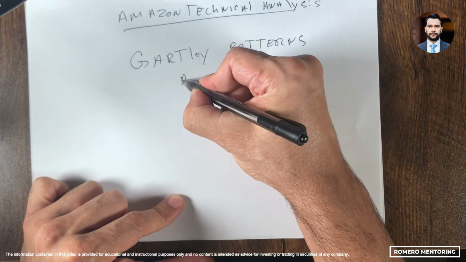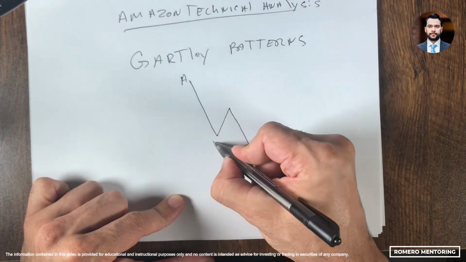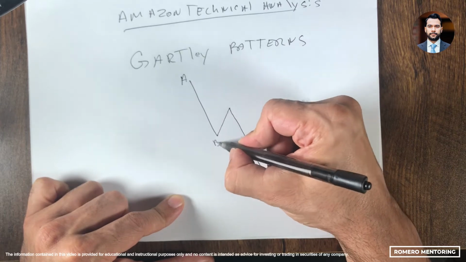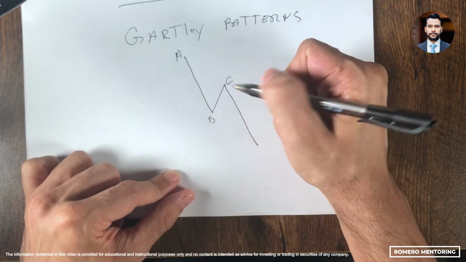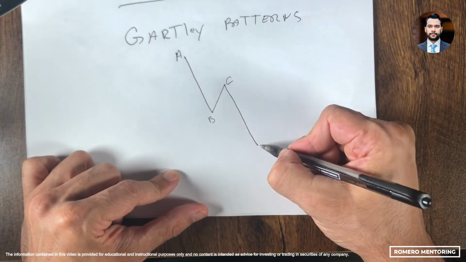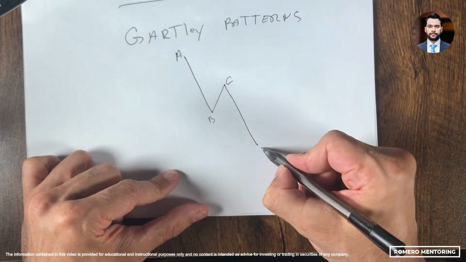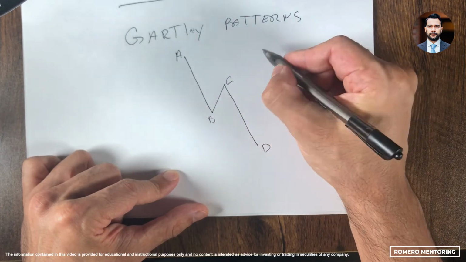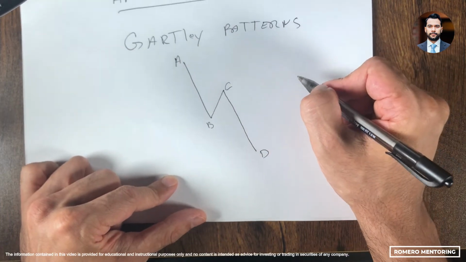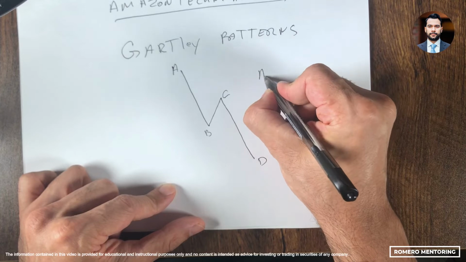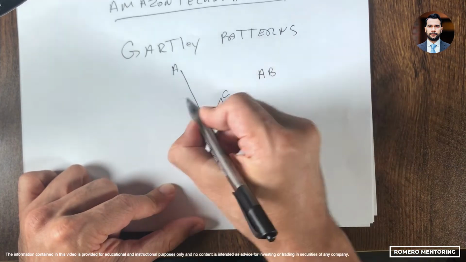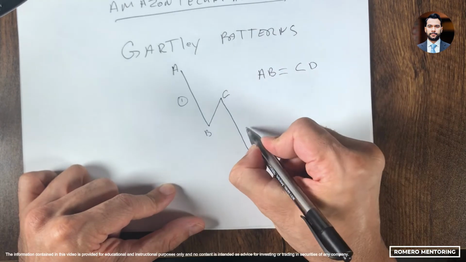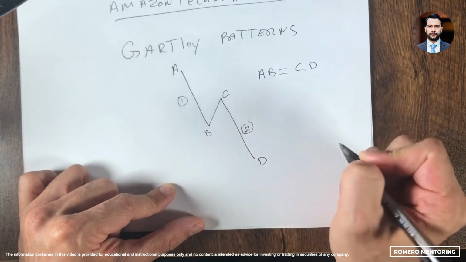So you have your first wave, which is from point A to point B. You have your pullback or your temporary bounce, point B to C. And then you have your continuation to the downside, point C to D. A very simplistic formula for you to understand this, and we can apply it to any other case studies or examples, is that your A to B wave, wave number one, equals your C to D wave, wave number two.